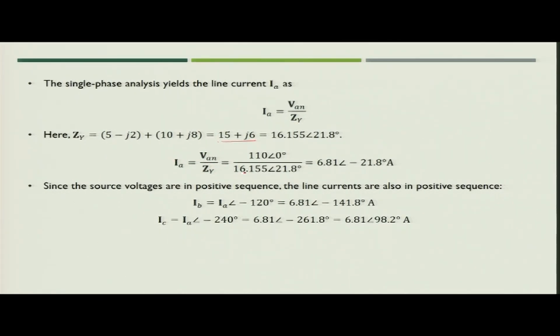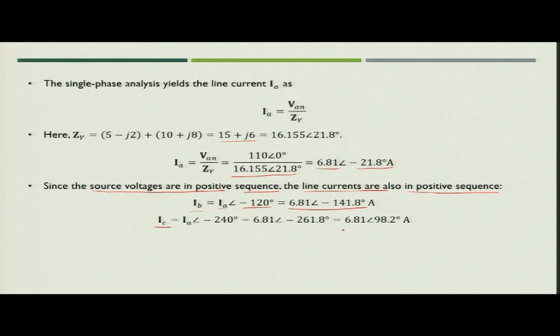IA you can calculate now. This will become 6.81 angle minus 21.8 degree amperes. Now, since the source voltages are in positive sequence, the line currents will also be in positive sequence. So, IB you can calculate as IA angle minus 120 degrees, where IA is 6.81 angle minus 21.8. So, your IB will become 6.81 angle minus 141.8 degrees.